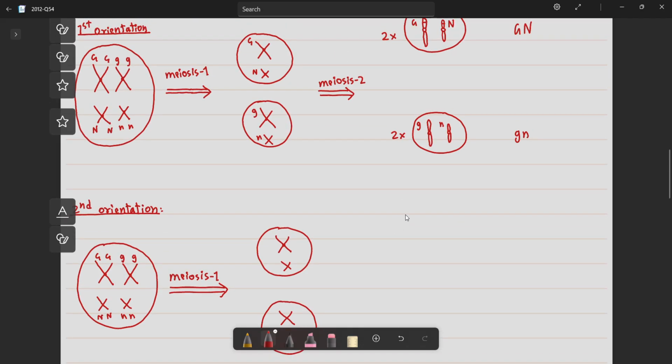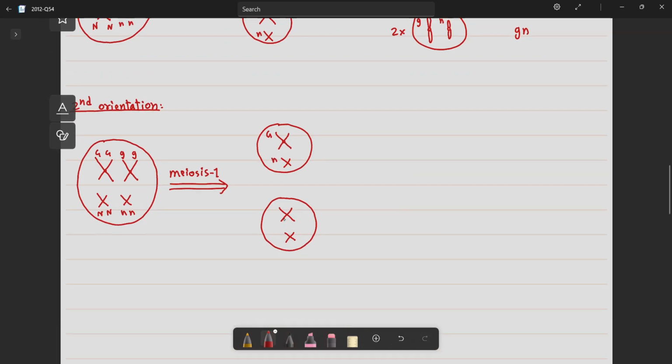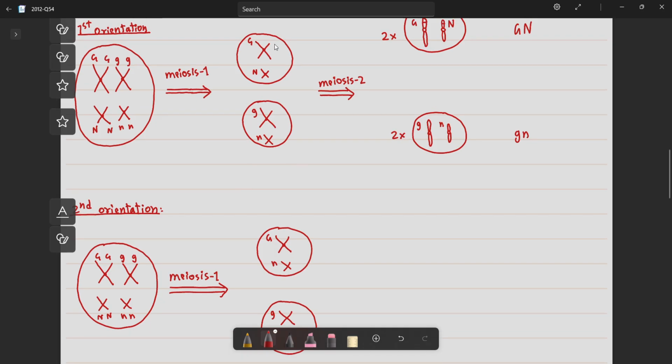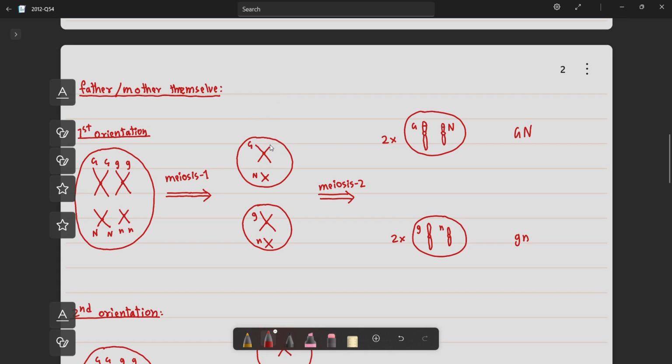Now the arrangement for the second orientation might be different. Most likely it would be a heterozygous genotype. Why is that? Because previously, each daughter cell carried either completely dominant alleles or completely recessive alleles.